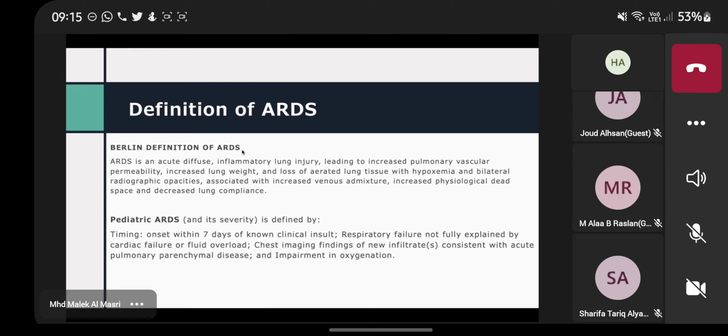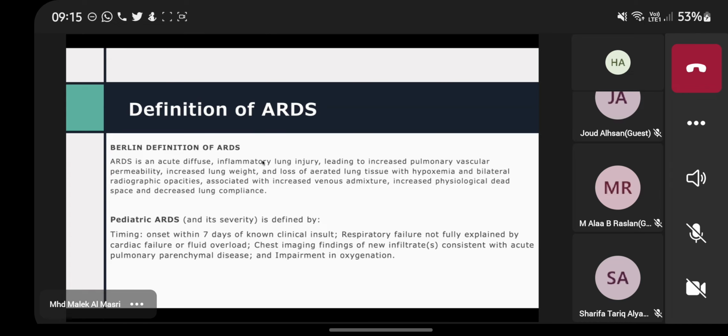Now, we need to understand its definition well so we can know how to differentiate it and identify it whenever we come across it. The pediatric definition is basically a modified definition of the adult ARDS.